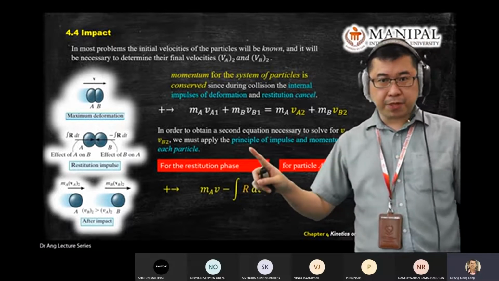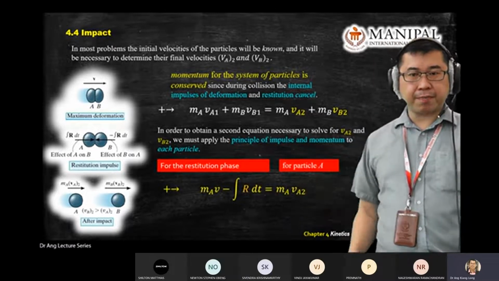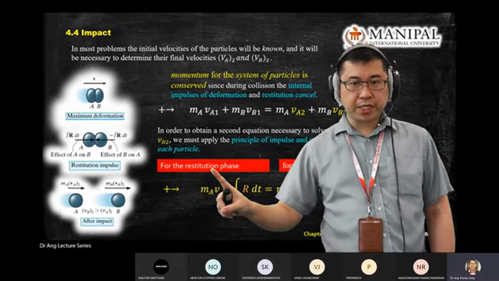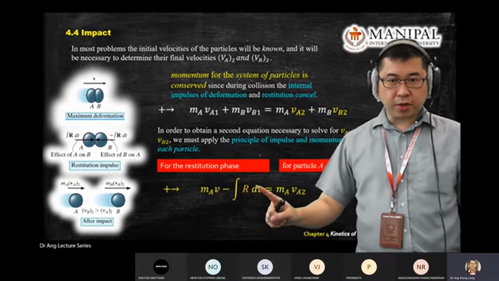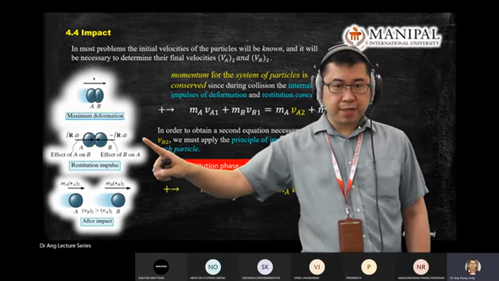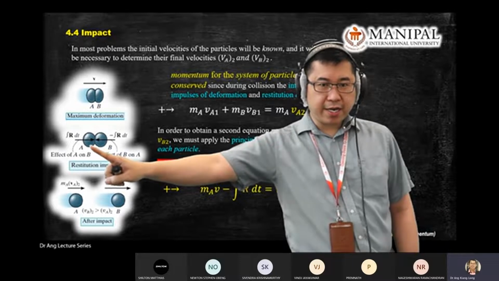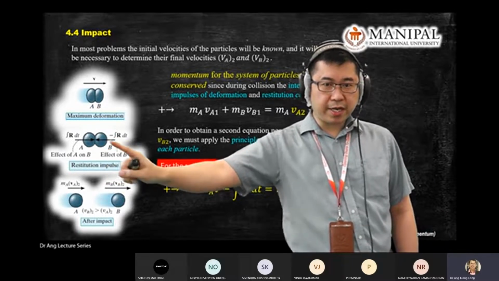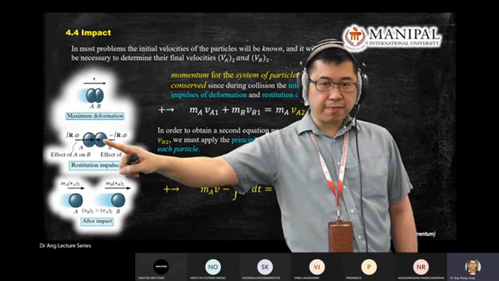Same, you use the principle of impulse and momentum, but here your impulse is referring to the restitution phase, where you use your R, which is this diagram. You're focusing on A. Which arrow is pointing to A? This one. This one is pointing to the left.